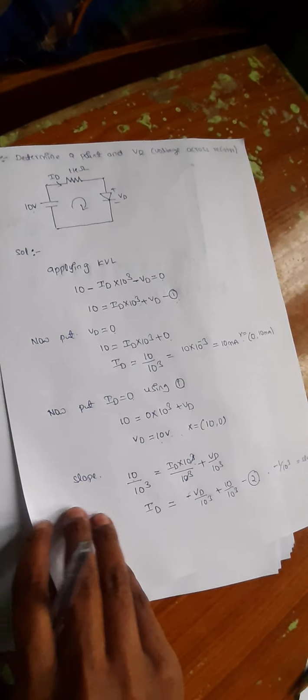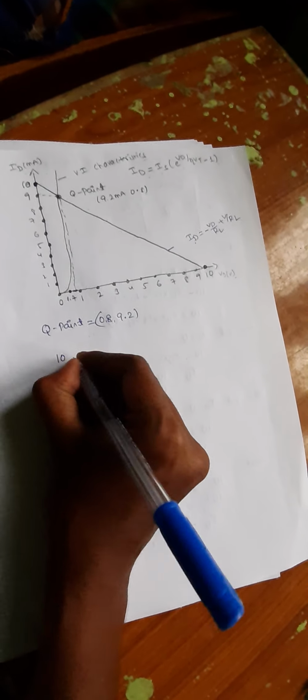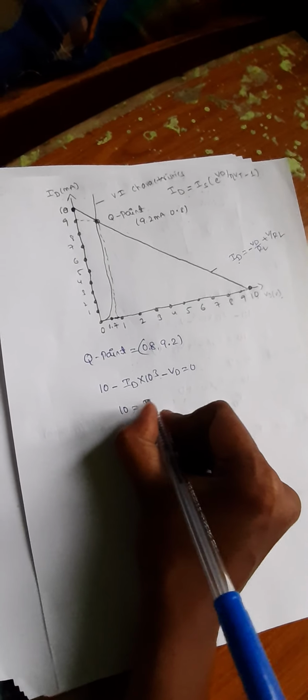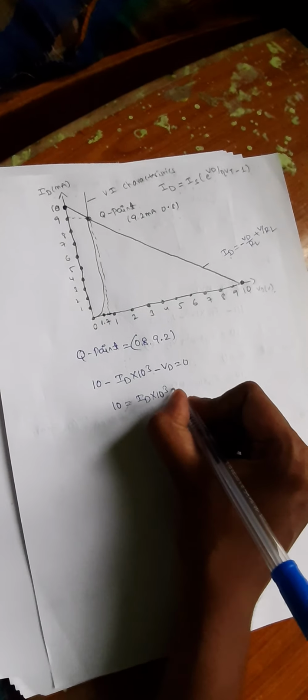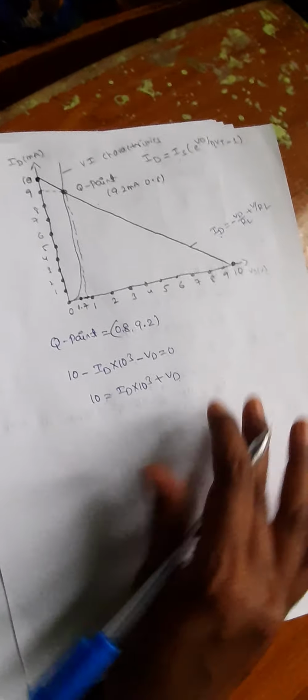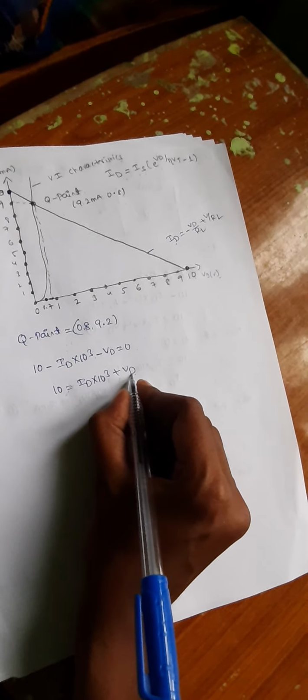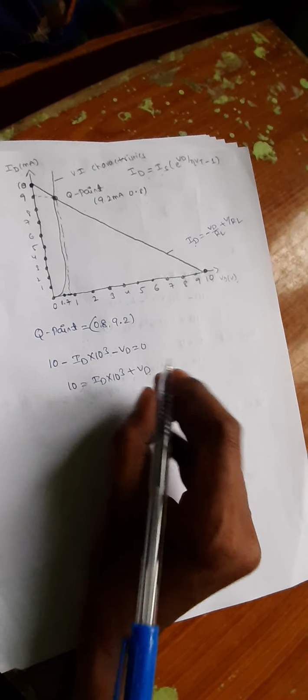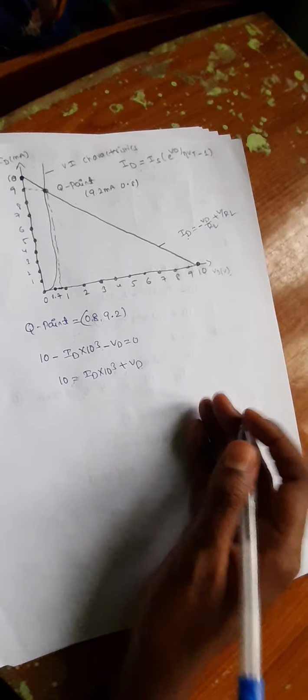Applying KVL to the circuit: 10 minus ID into 10 power 3 minus VD equals 0. So 10 equals ID into 10 power 3 plus VD. For silicon, the VD value is 0.7, the voltage across the diode, which is the cut-in voltage.